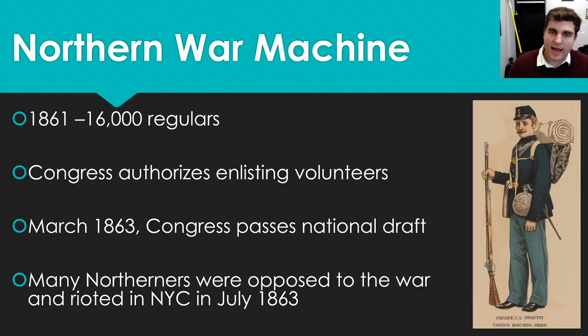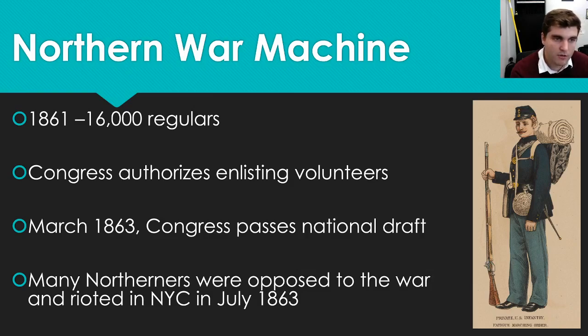Now, in terms of the actual Northern war machine, in 1861 you had just about 16,000 regulars, which is the extent of the government army, which obviously is not enough to fight a war.